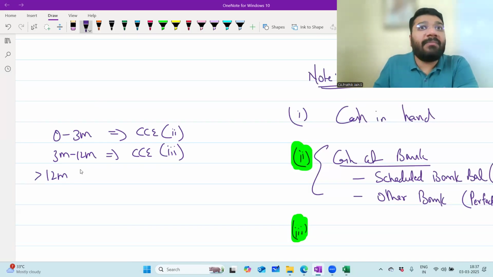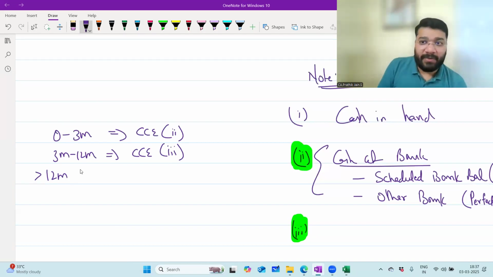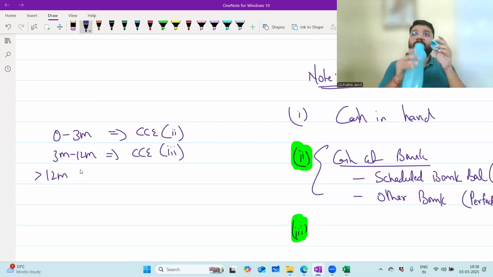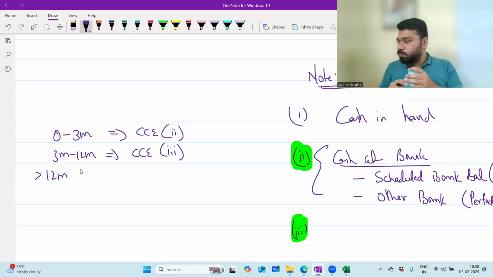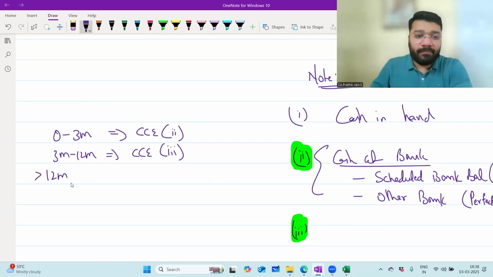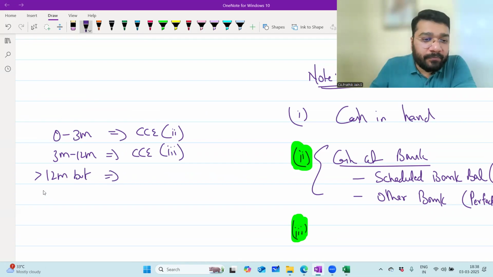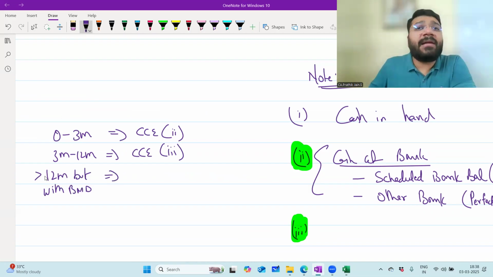Beyond 12 months, but the money is coming back to you within the benchmark date: current investment.